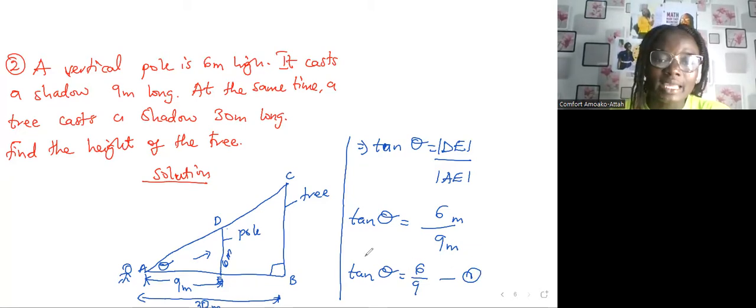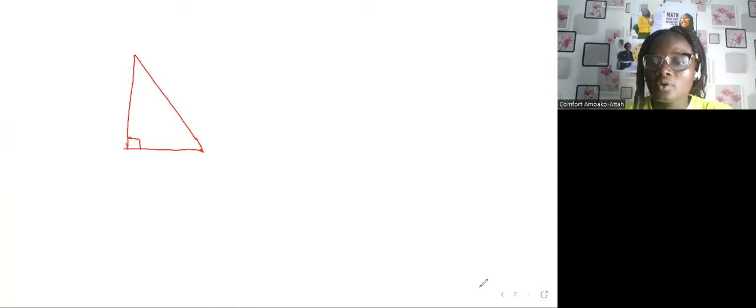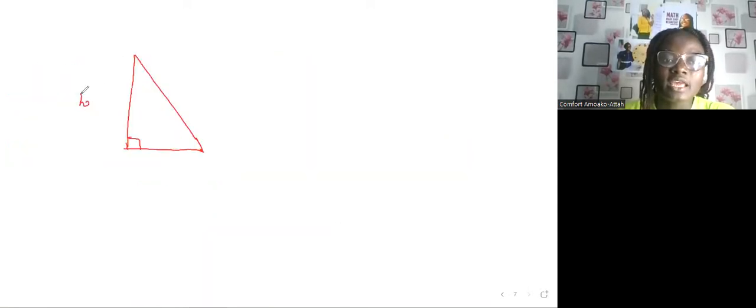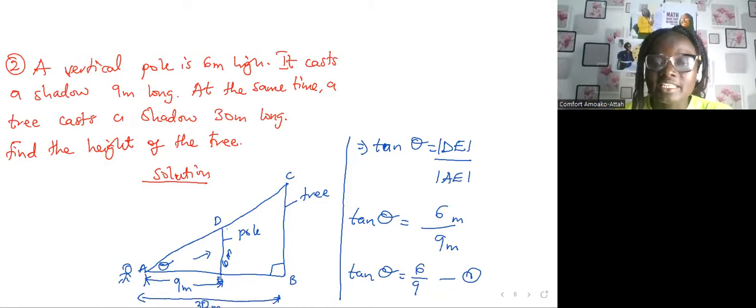Then we pick the second one, this bigger one. Okay, that is a tree. So picking the tree out, what was the height of the tree? We don't know. So let's say the height is h, that is CB.